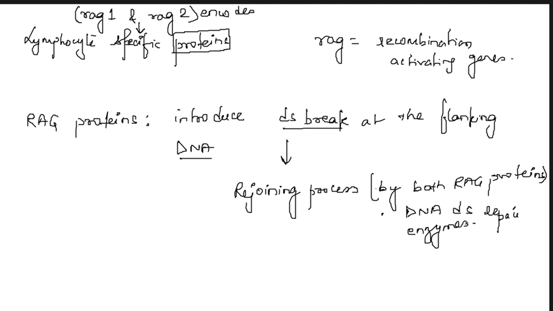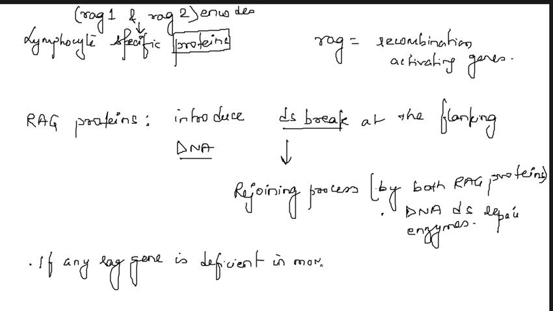Those individuals who are deficient in any of the RAG genes become immunodeficient. So if any RAG gene is deficient in a mouse, what is the phenotype? The mouse will become immunodeficient. Why?